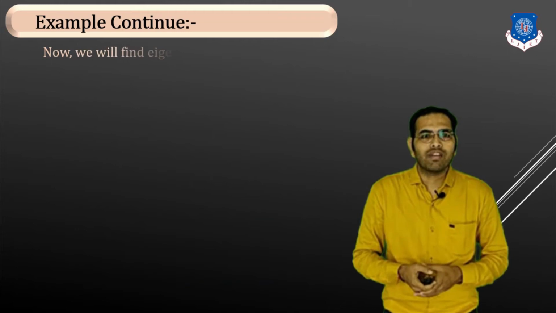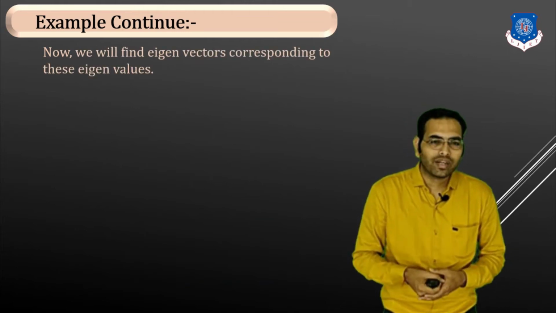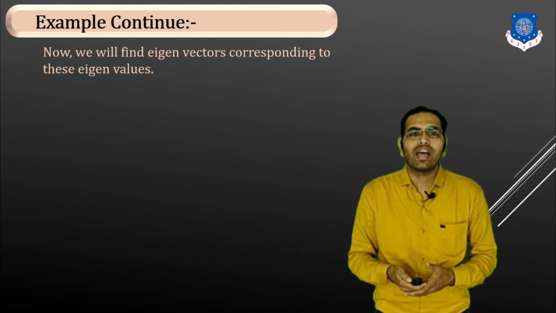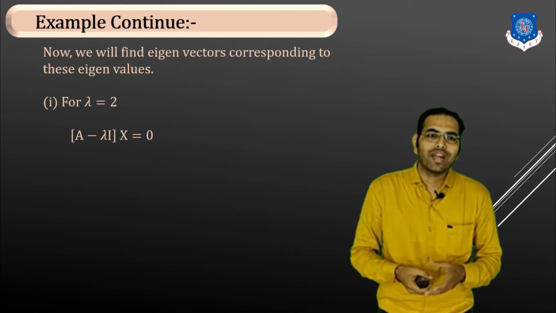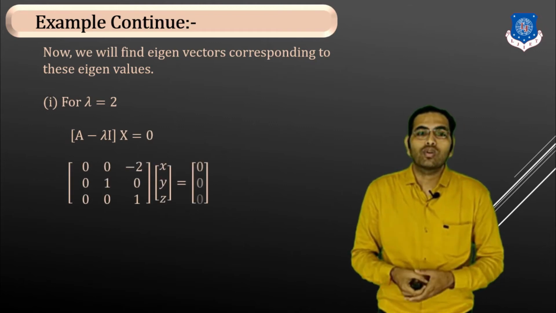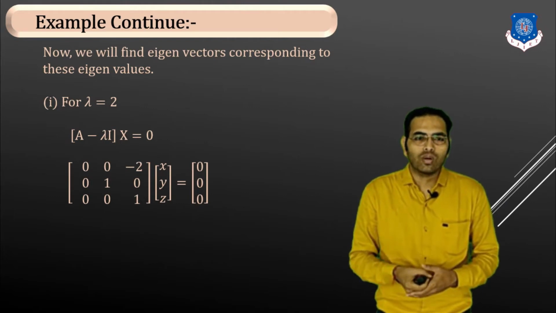Now with the help of the eigenvalues we can find the corresponding eigenvectors. Let's see for lambda equal to 2, then A minus lambda I into X equals 0.